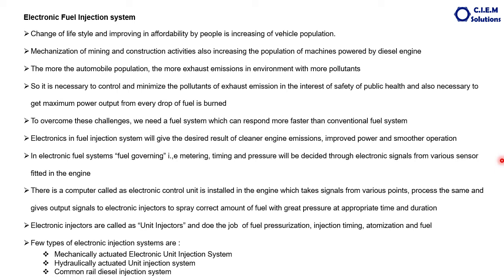Because of the higher injection pressure, there will be better fuel atomization and better spray area, and ultimately better combustion efficiency. Good quality combustion lowers the pollutant levels, that is nitrous oxide, particulate matter, carbon monoxide and other pollutants. Optimum fuel utilization means increased power, so maximum power for every drop of fuel burnt.